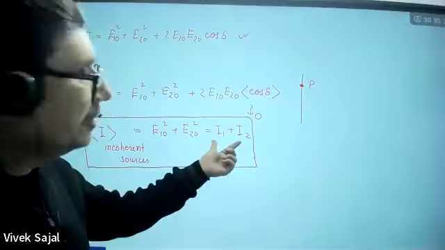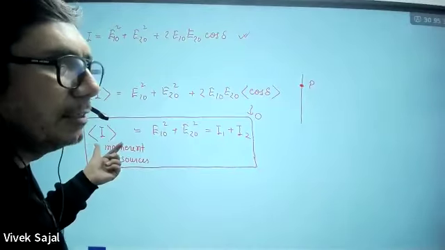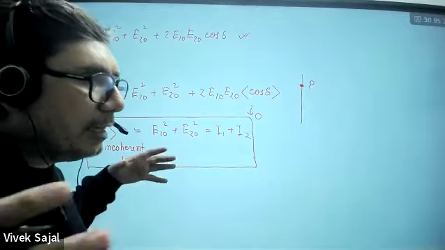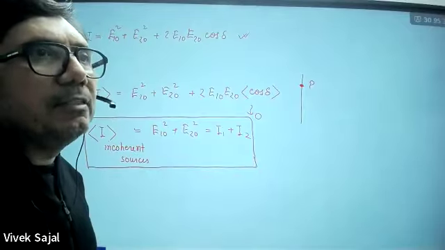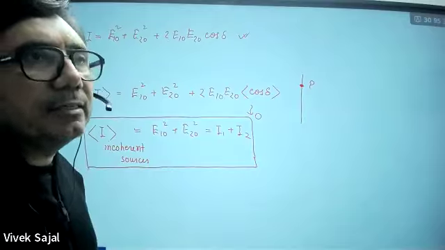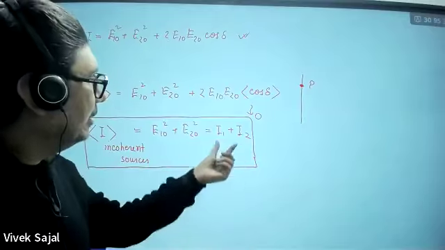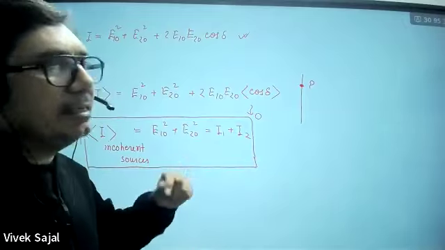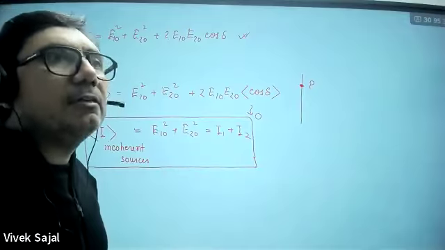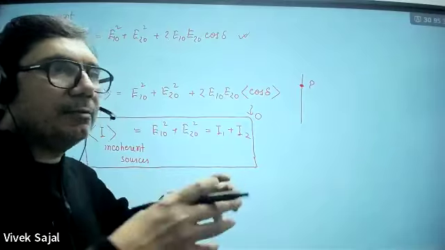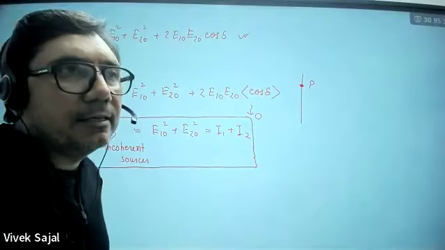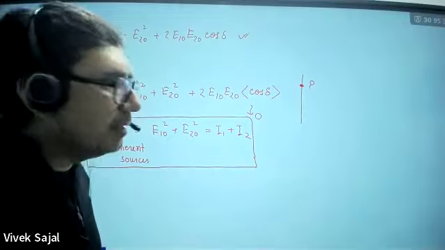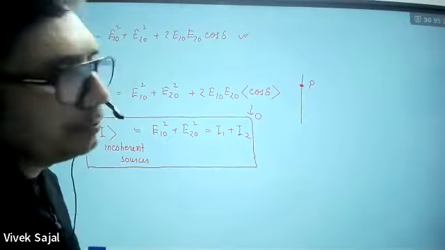The reason is that if two sources are incoherent, their light waves overlap with each other, and the time average of the intensity will be simply I1 plus I2. So this is the intensity which we observe in our rooms when two or three light bulbs are providing light. So this is for incoherent sources.